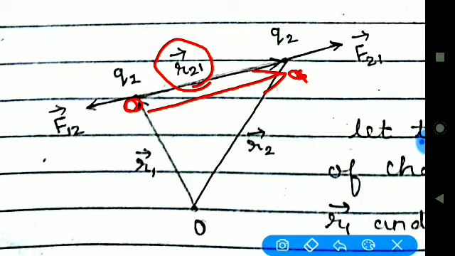Final position 2 is represented by this vector R2, which is a position vector, and initial position is shown by position vector R1.